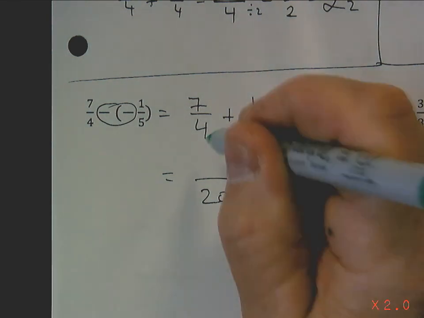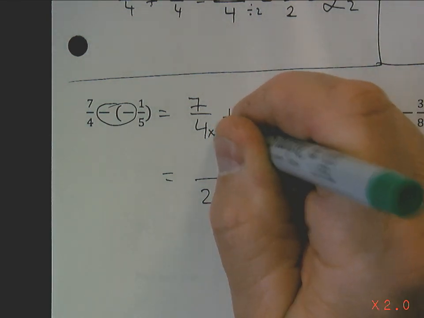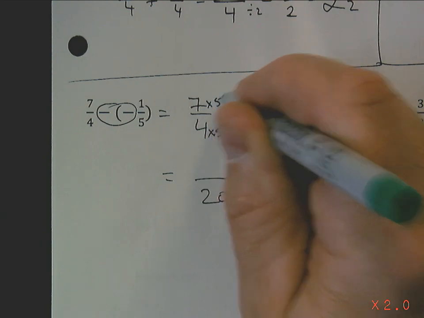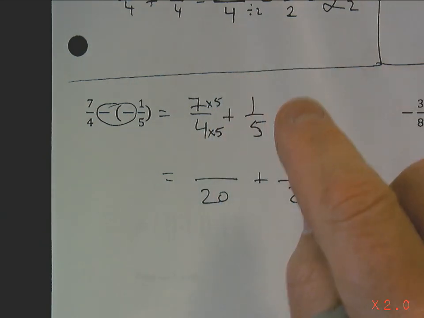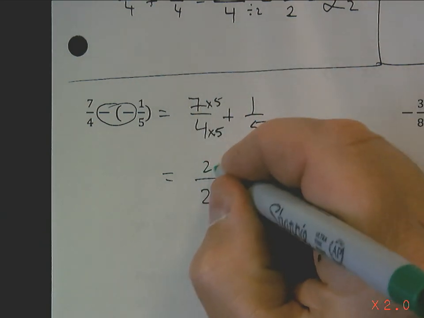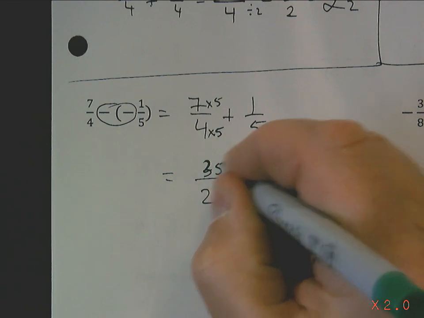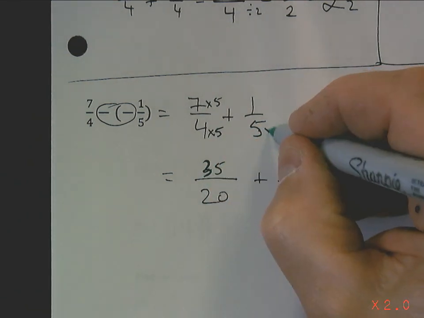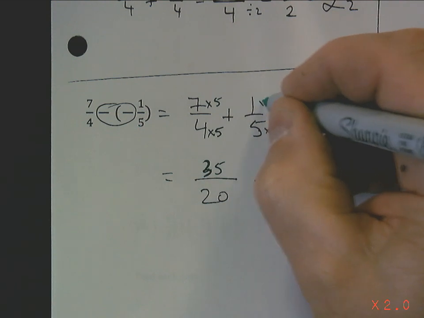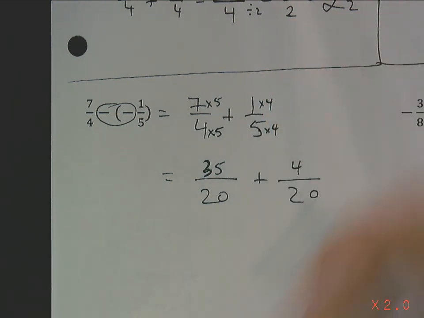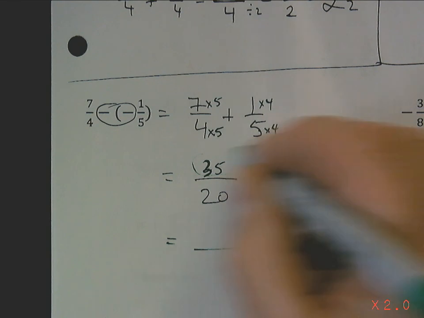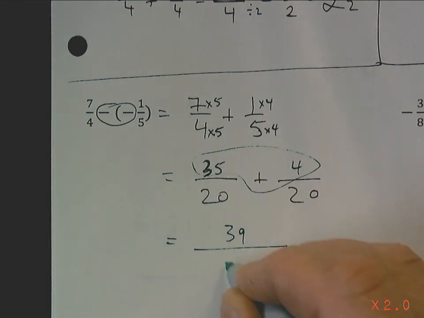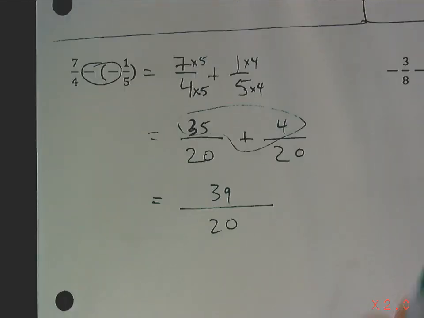You say, well, this needs multiplied by a 5, this needs multiplied by a 5 to keep it equivalent. Hence, the top is a 35. That's a really sad 3. This gets multiplied by 4. Top gets multiplied by 4. Gives me 4. And then I'm left with 39 over 20. Good answer.